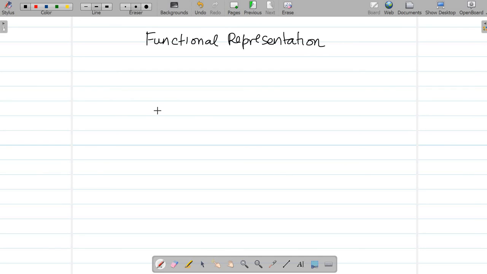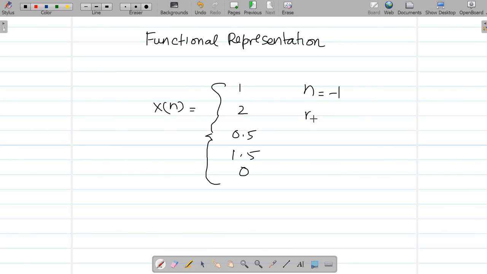The functional representation is something like this: x of n is equal to 1 when n is equal to -1, 0.5 when n is equal to 0, and then 1.5 and so on for n is equal to 1, n is equal to 2.